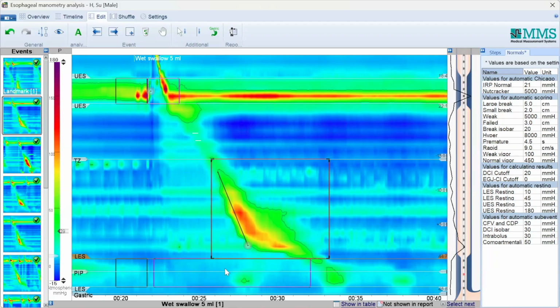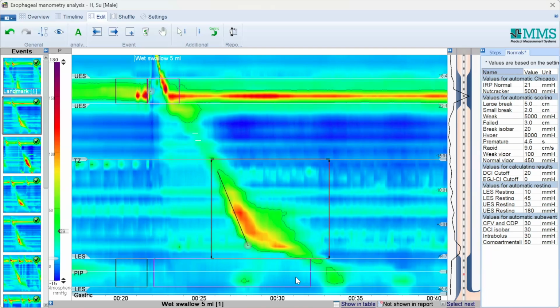So the IRP is very critical for evaluating many other things. IRP should be below 20. 20 is the upper normal value.